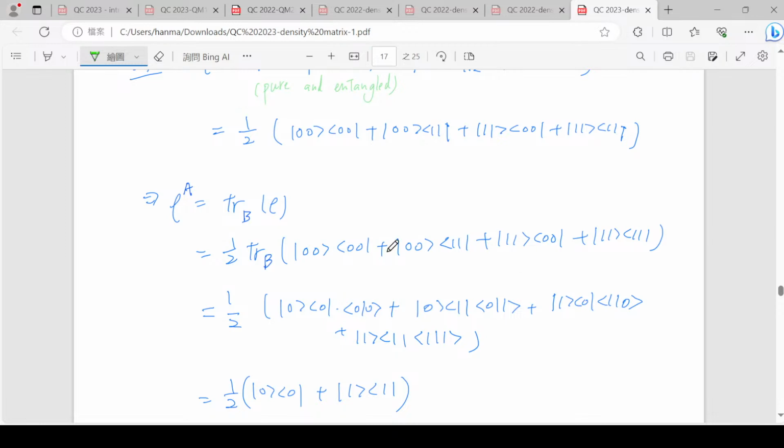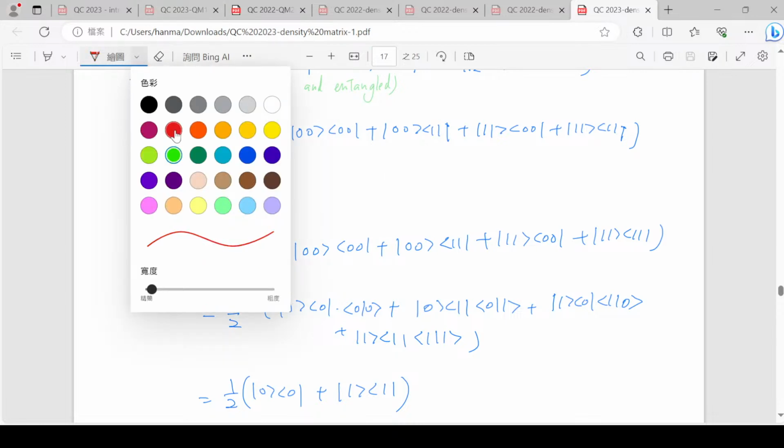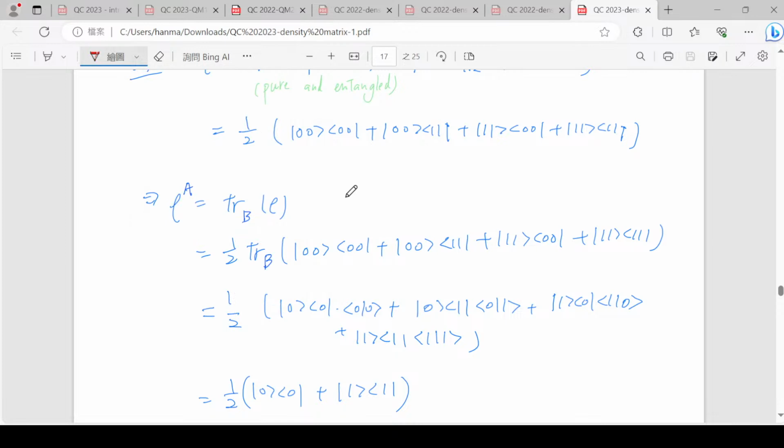And so you do trace B on all of them. The first one, on the B part you do the trace, so you have the inner product between 0 and 0. Then on the second one you have the inner product between 0 and 1. Actually, I'm writing this a bit wrong, right? Because of the cyclic permutation, although it's the same thing, it's actually between 1 and 0.